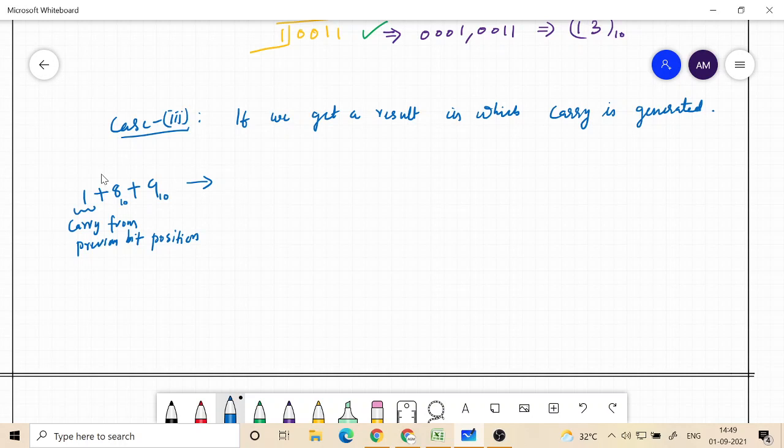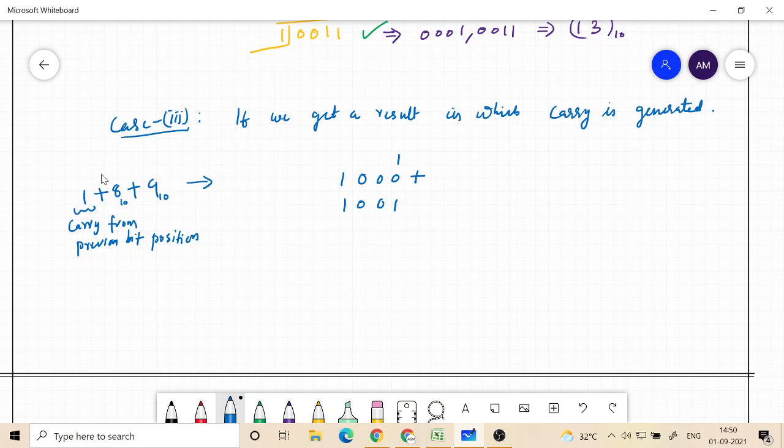Okay, so what is going to happen? 8 is basically 1000 plus 9 is basically 1001, and then I'm having a carry bit which is coming from the previous BCD addition. We are adding previous 4-bit BCDs, and that could generate a carry which is coming here.